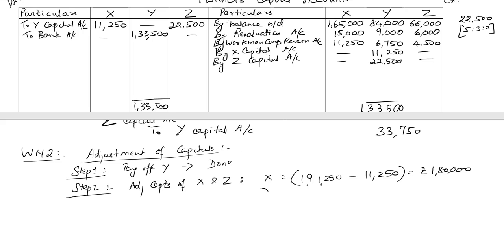In the case of Z, the credit side total 76,500 rupees minus the debit side total 22,500 rupees is equal to 54,000 rupees.